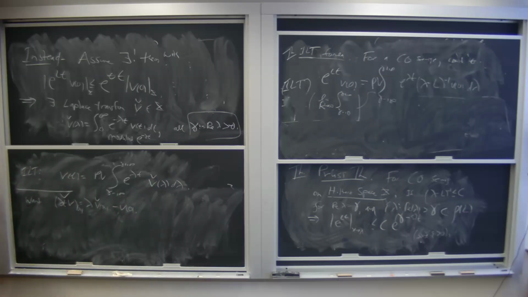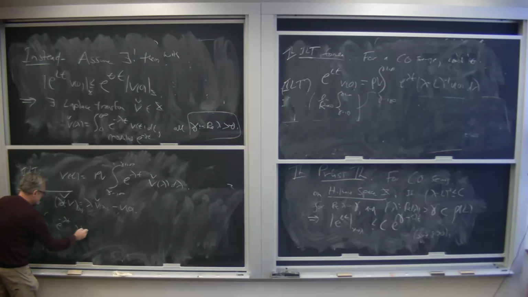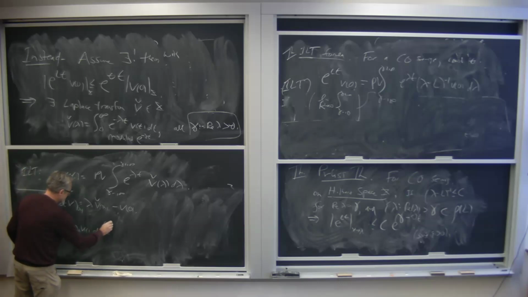But we have to look at how that proof goes. Well, we need the integral from 0 to infinity of e to the minus lambda t, dt v of t. We need to integrate this by parts.